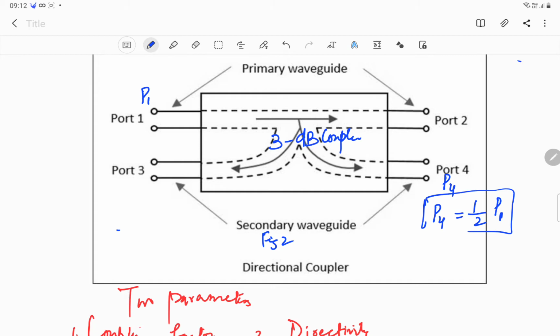So half of the power fed at port 1 is being received at port 4, and half of the power naturally would be received by port 2. As port 3 is an isolated port, the power received here is 0. So this is what a 3 dB coupler means. Half of the power is received by port 2 and half by port 4 when power is fed at port number 1.